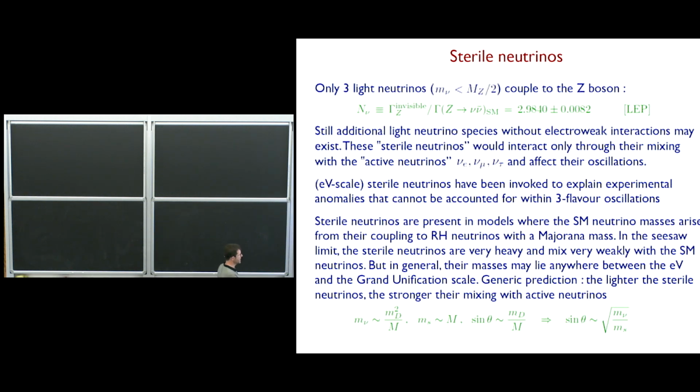The generic prediction, this is a one generation estimate, and it's true in the case of one generation, is that the active neutrino mass is given by M_D squared over M, and the mixing angle between the active and sterile neutrino is given by M_D over M. You can re-express the mixing angle as the square root of the standard model neutrino mass divided by the sterile neutrino mass. So the lighter the sterile neutrino, the stronger its mixing with the active ones, and in that case, they can have some impact on oscillations.